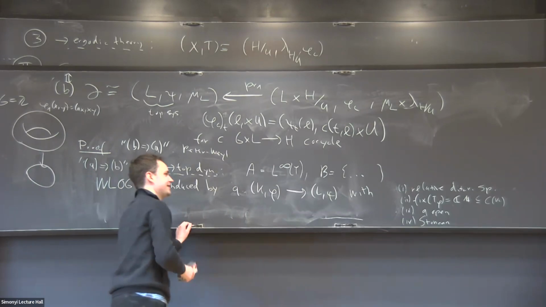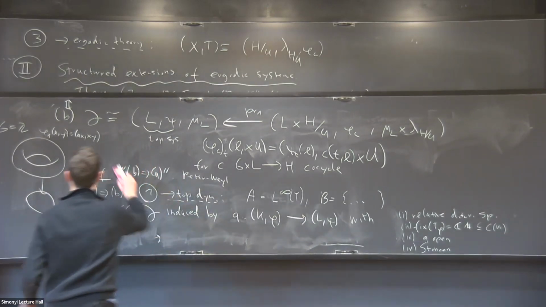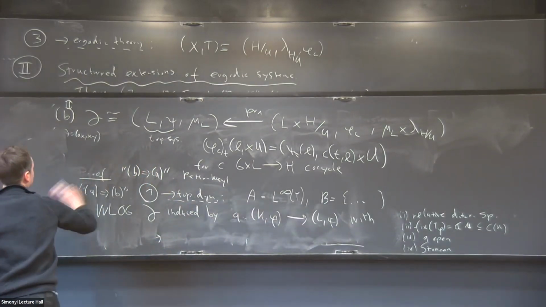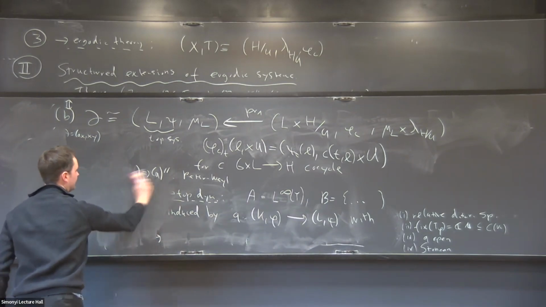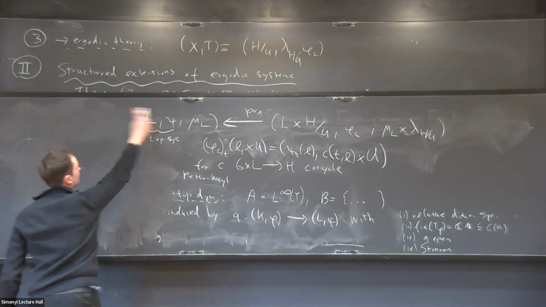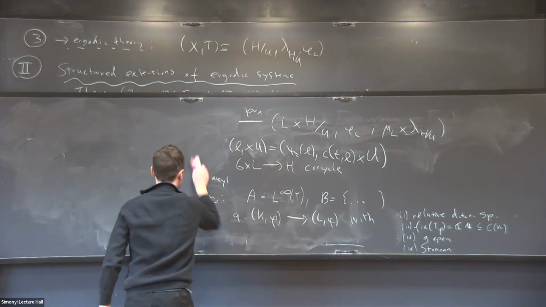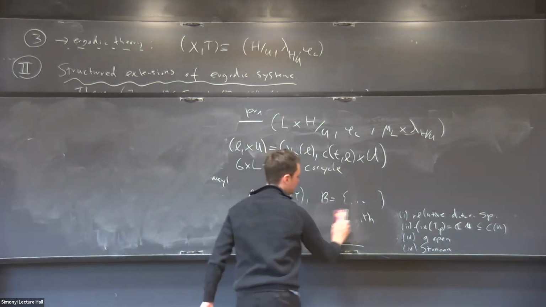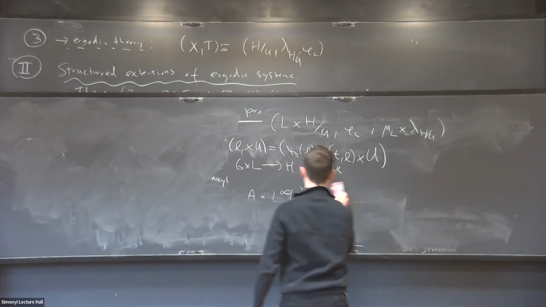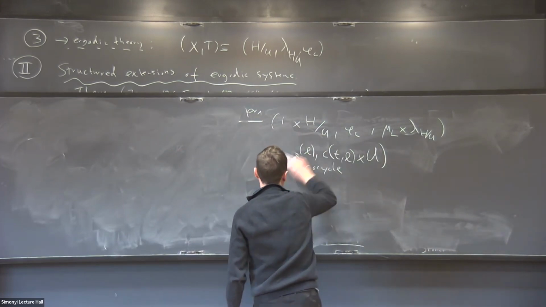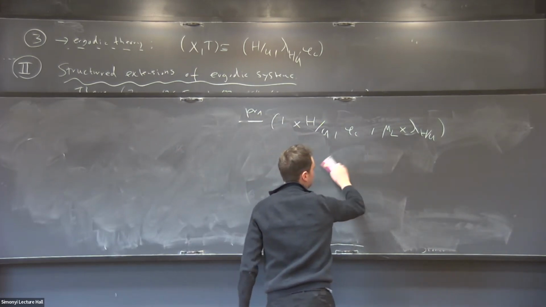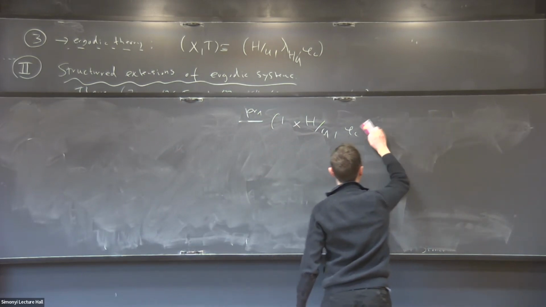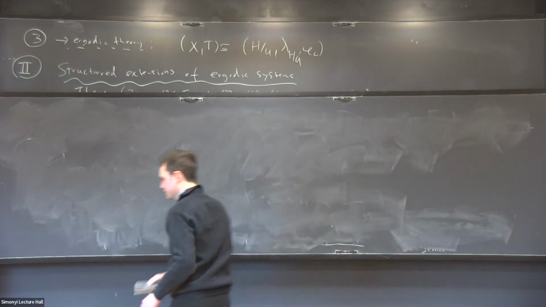So this is now the generalization to the case of relatively ergodic extensions. And basically, you can now use the same methods. Everything becomes a bit more complicated, of course, but in the end, it's the same method.